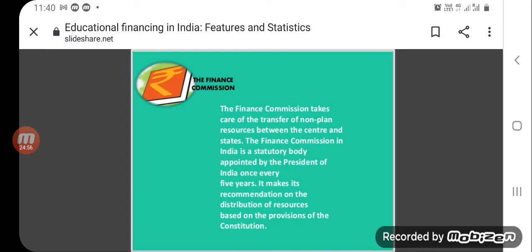The Finance Commission in India is a statutory body appointed by the President of India once every 5 years. It makes recommendations on the distribution of resources based on the provisions of the constitution.